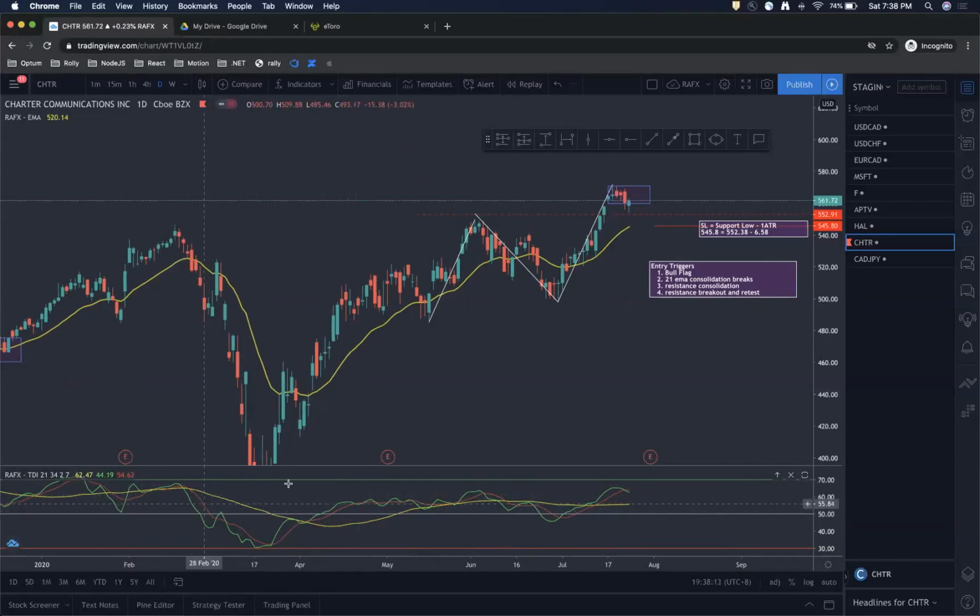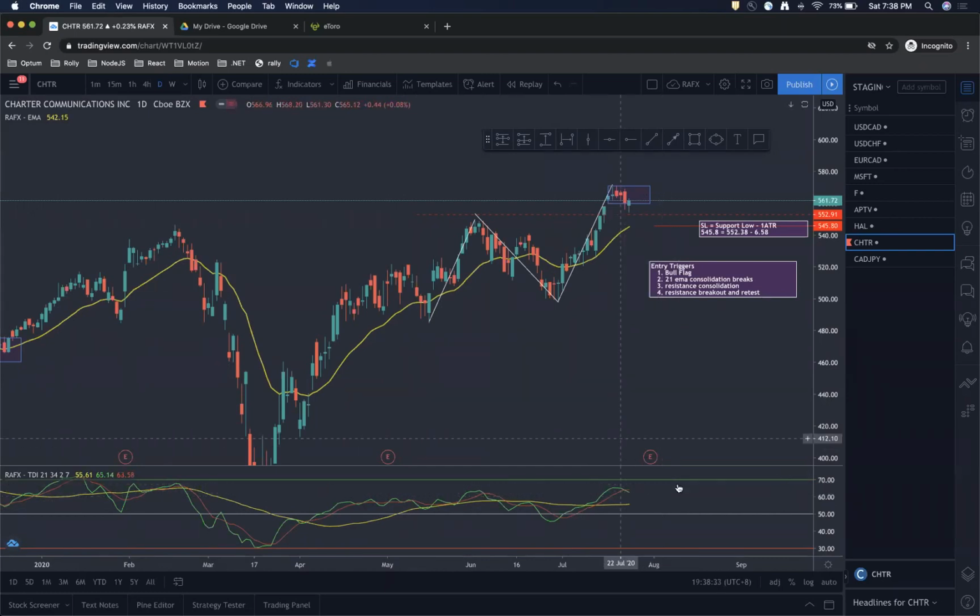because after a few years of using the TDI, I rarely use the volatility in TDI as my volatility indicator.